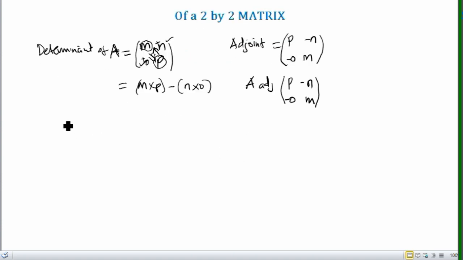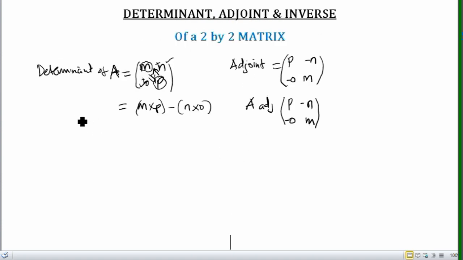That is the adjoint. Now, when it comes to the inverse of A, denoted by A power negative 1, you take the adjoint divided by the determinant.